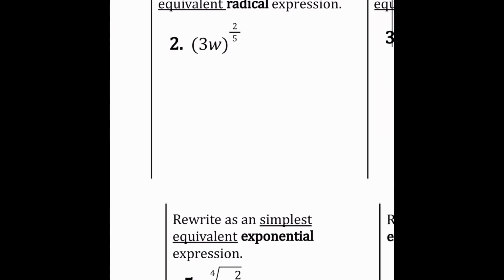Number 2, rewrite as a simplest equivalent radical expression. Now, we know that we have parentheses around 3w, meaning that everything has a power of 2/5. So if I go ahead and write this, this goes in, this goes out when I'm writing it into radical expression, because right now we have an exponential. We wanted to write into radical expression. So this becomes my power or my exponent. This is my root.